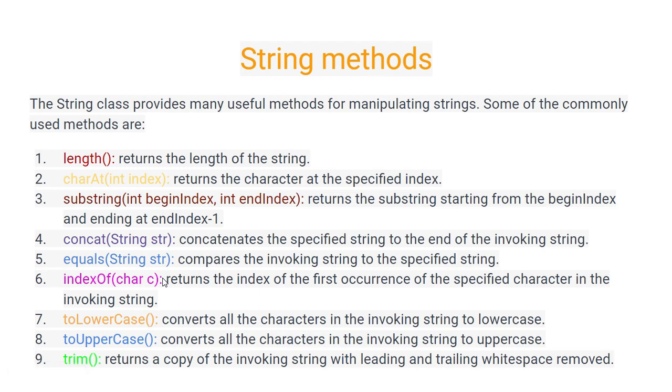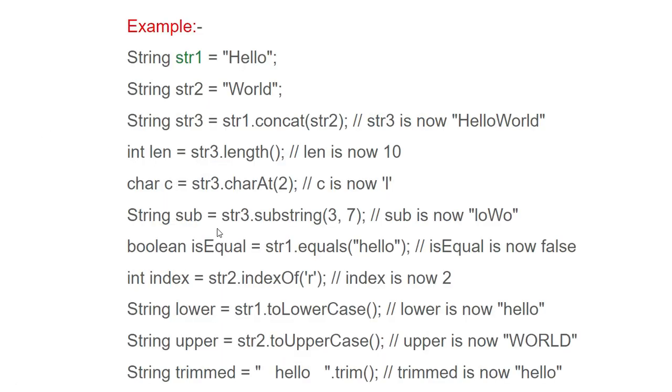So here you can see the example: a string str equal to hello, a string str2 equal to world, and here you can see str3 equal to str dot concat str2. So str3 is now hello world. If you do the concatenate and store inside str3, it will become hello world. Concatenate we have already seen.